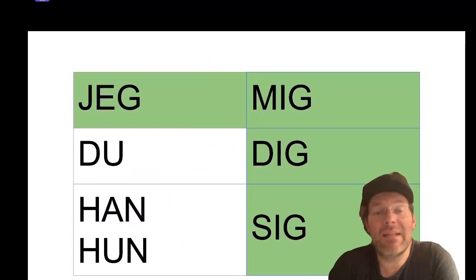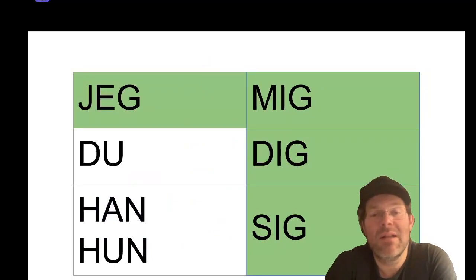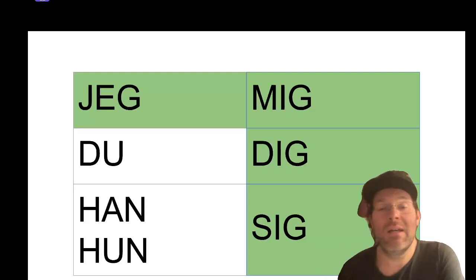So what you're looking at here is a chart of some of the different pronouns in Danish for the first person. So you have jeg, mig, meaning I, me, and you have du, dig, meaning you in the subject and the object pronoun version.